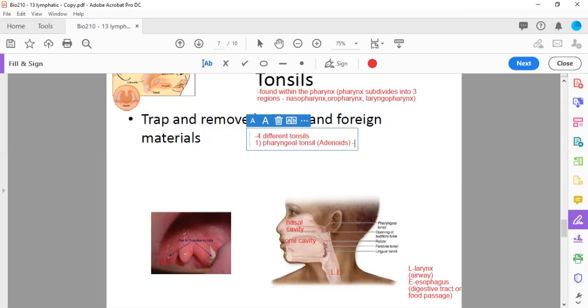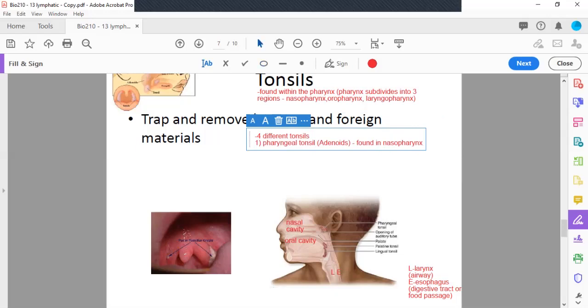Now, this can be found in the nasal pharynx, along the back wall of the nasal pharynx. As you can see from this image right here, this is the pharyngeal tonsil, which can be found along the back wall of the nasal pharynx. Number two is going to be known as the tubal tonsils.